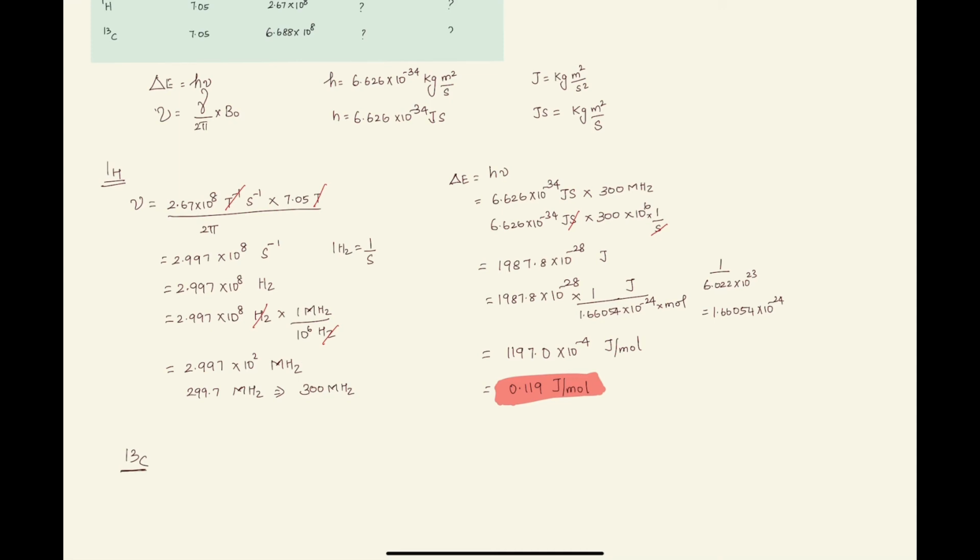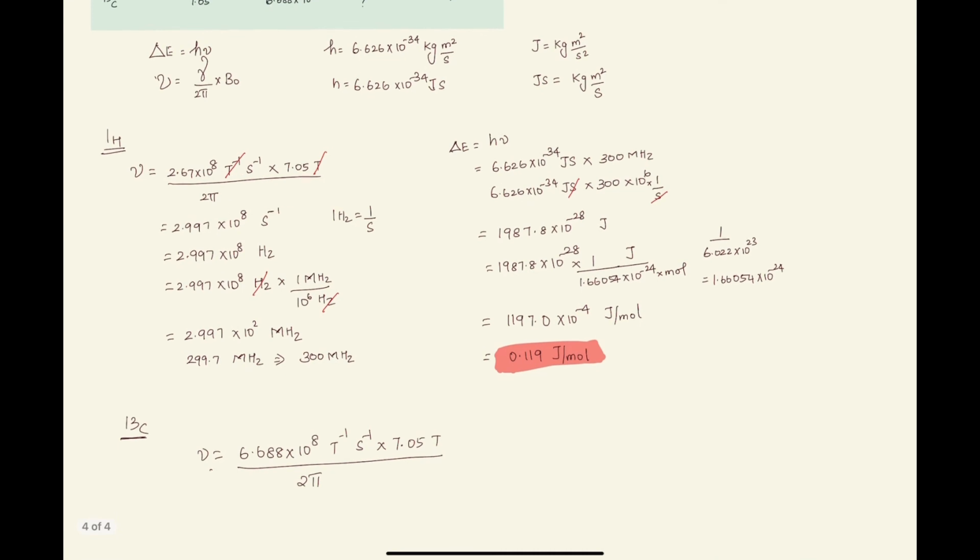And the gyromagnetic ratio here is going to be 6.688 times 10 to the power of 8 Tesla raised to the power of minus 1, s raised to the power of minus 1. And the magnetic field has been kept constant here. So same thing. There has been no change except for the gyromagnetic ratio because the nucleus is different here.